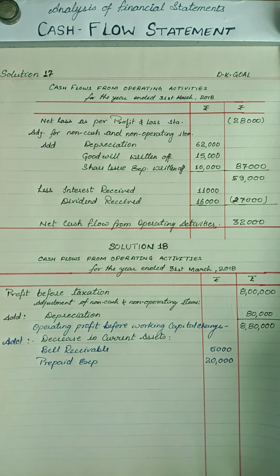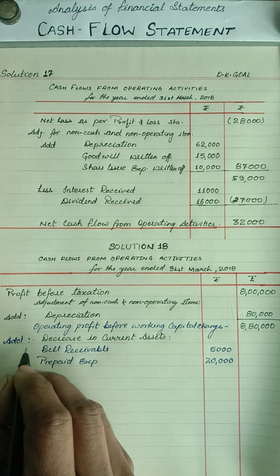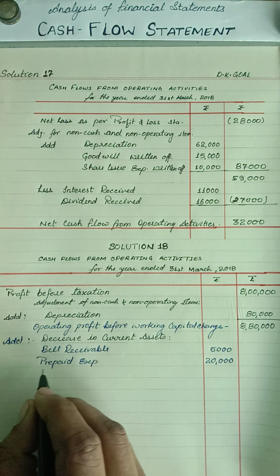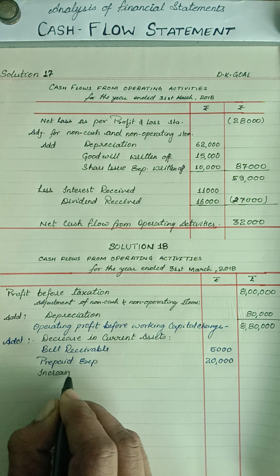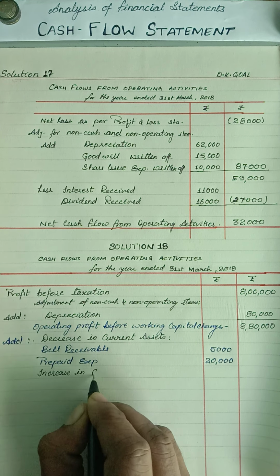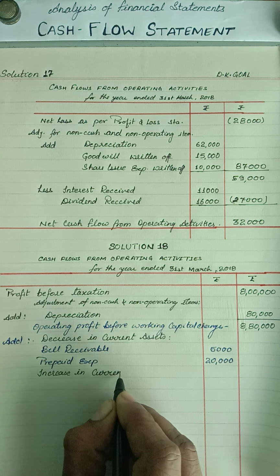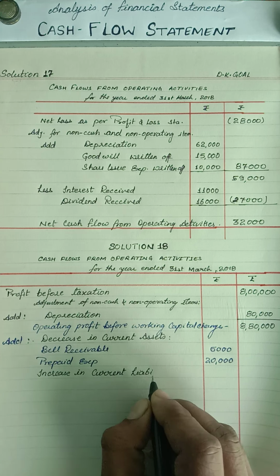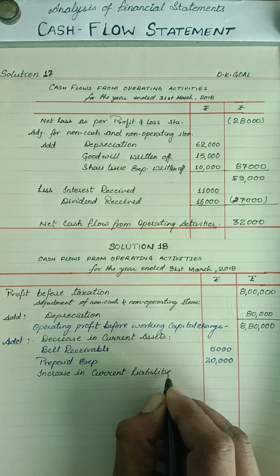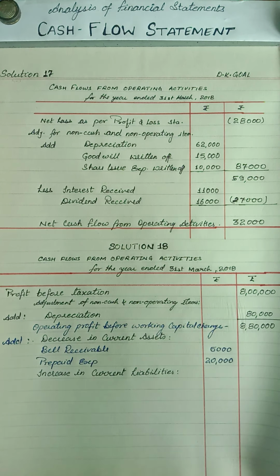Another thing to add in the addition part is the increase in current liabilities. You can see that sundry creditors are liabilities, and it is given as an increase of 40,000.